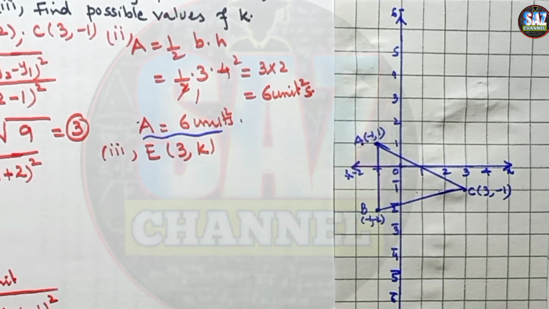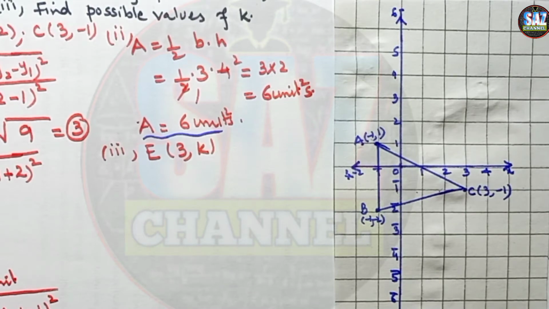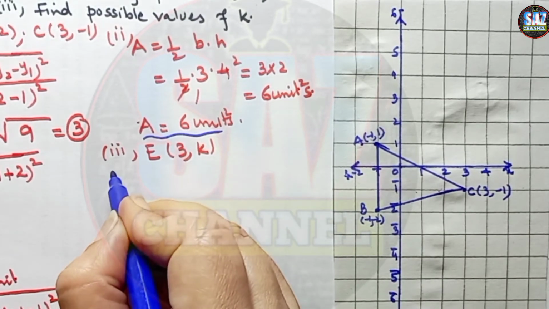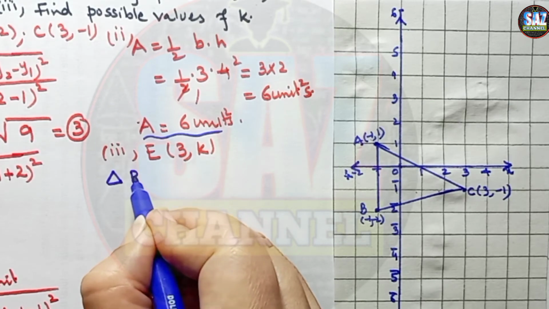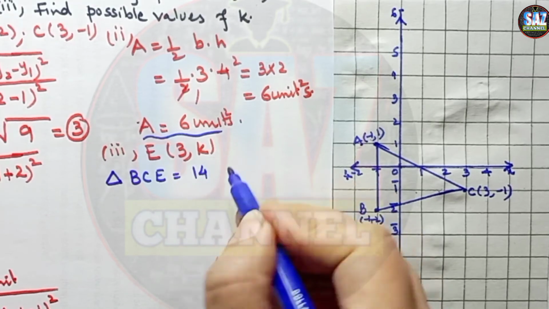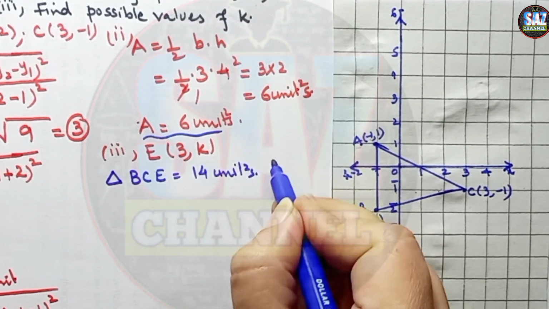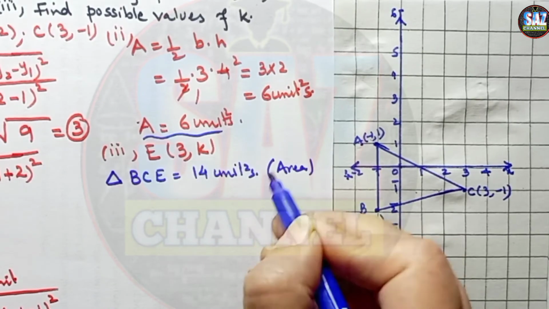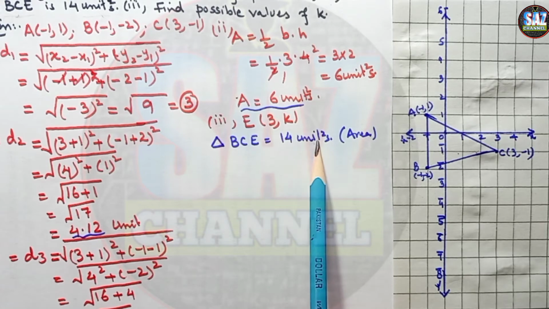Now try to understand this part graphically. The given area of triangle BCE is 14 units square.